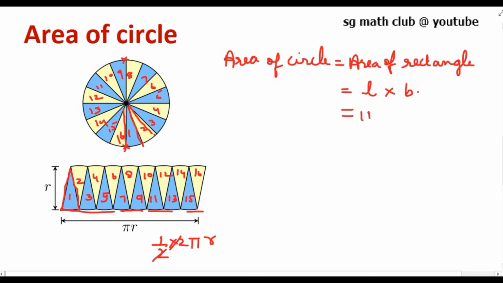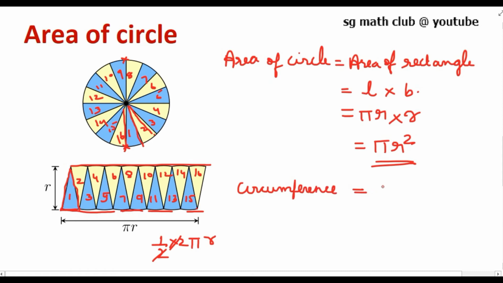So length is pi r and breadth is r. Our area of the circle is pi r squared; the length is just pi r, not the full 2 pi r, because only half the part is used and the white portion is kept like this. This is how the area of the circle formula is derived: area of circle is pi r squared, and circumference or perimeter of the circle is 2 pi r. R is the radius of the circle and pi is 3.14.